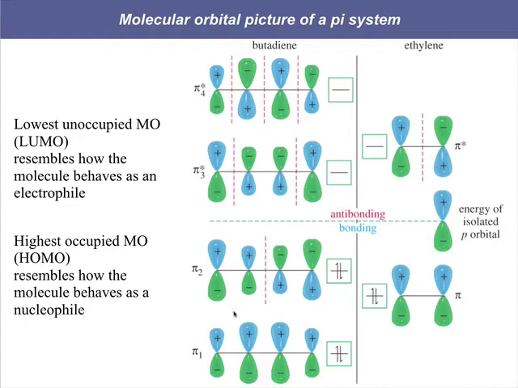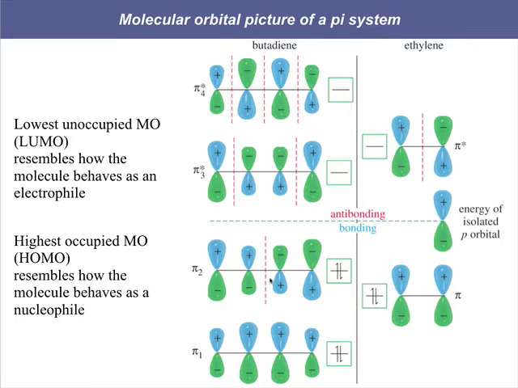For 1,3-butadiene, we had 4 orbitals. Pi1, the molecular orbital 1, had them all in phase. Molecular orbital 2 had them in phase between 1 and 2, in phase between 3 and 4, but out of phase between 2 and 3, so 1 node. Then we went to 2 nodes, and then to 3 nodes.